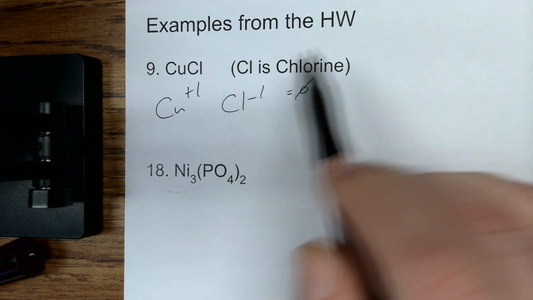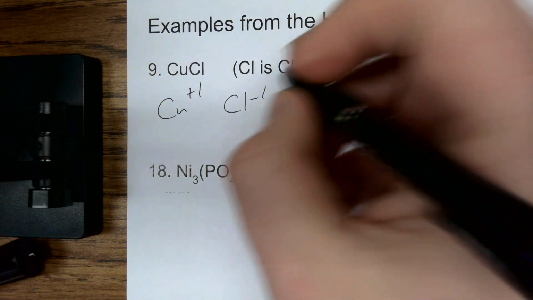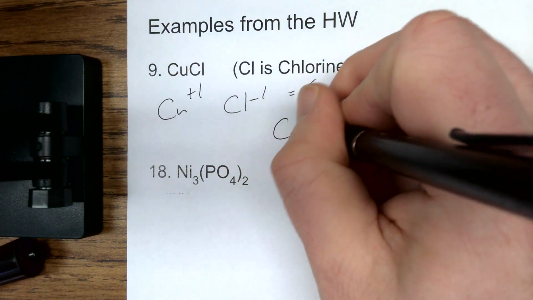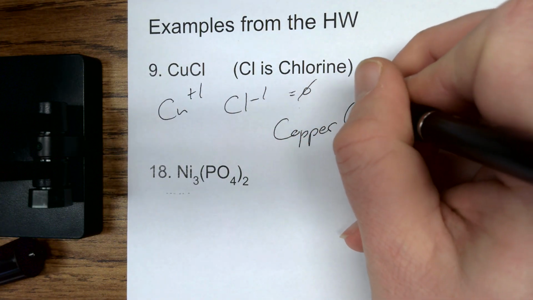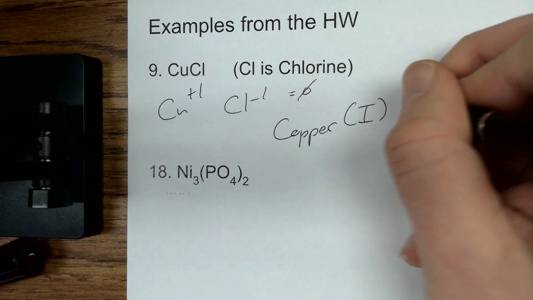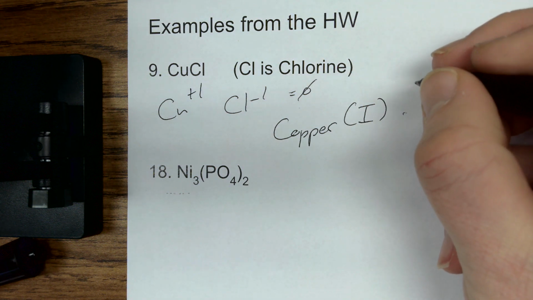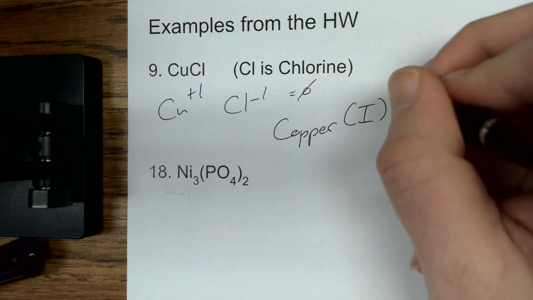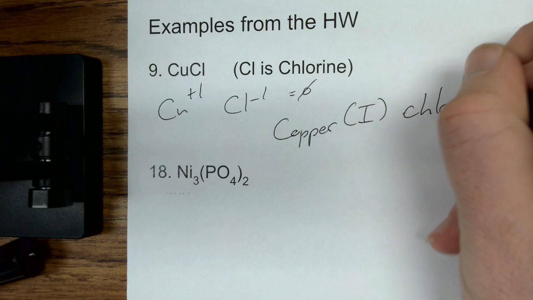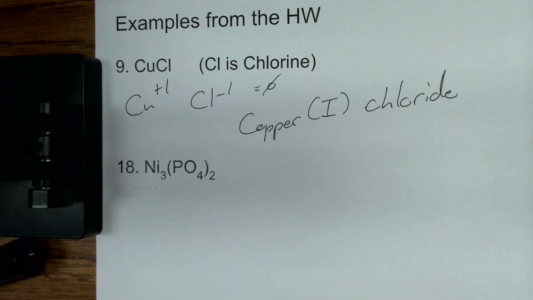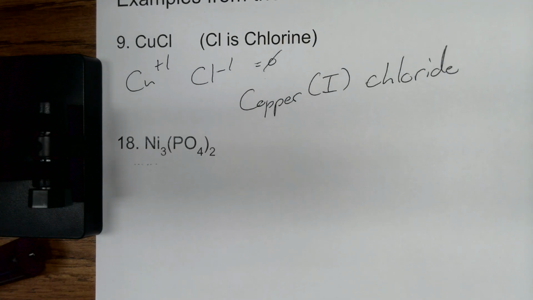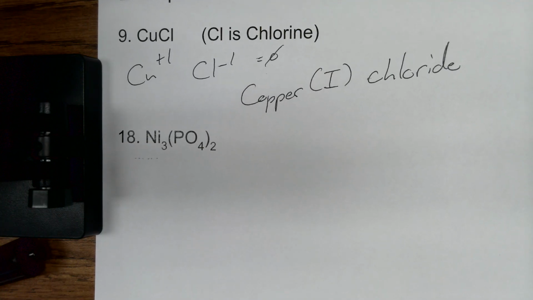Therefore, my name is copper(I) chloride. Chloride. Those binary charges, easy to get around. Super easy to do. If not, you need to work on them.